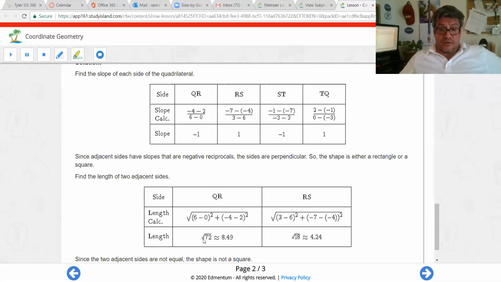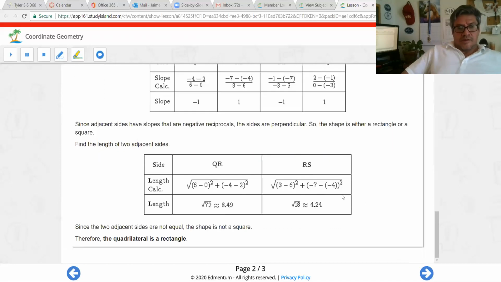So you get the square root of 72, and when you put that in a calculator, your length comes out to be 8.49. You do the same thing for the other side, RS, and you will get a length of 4.24.